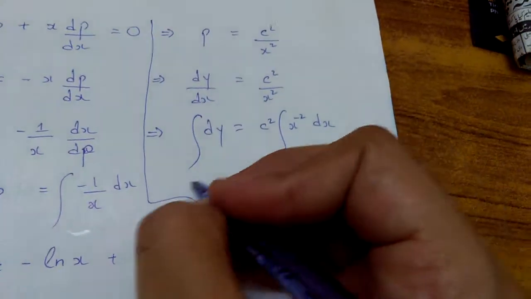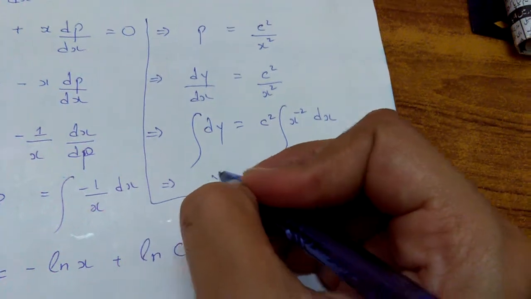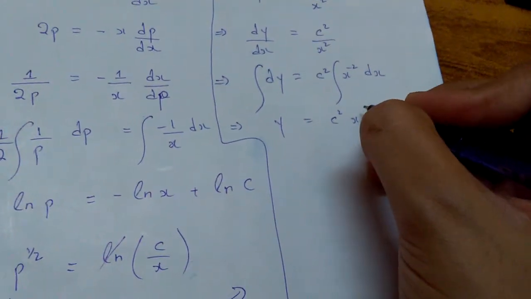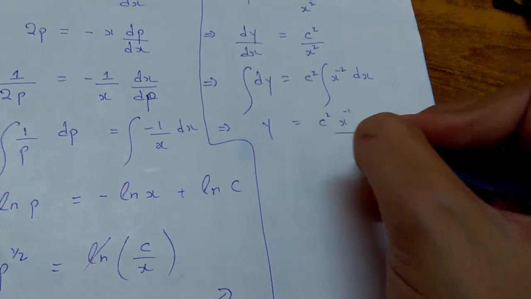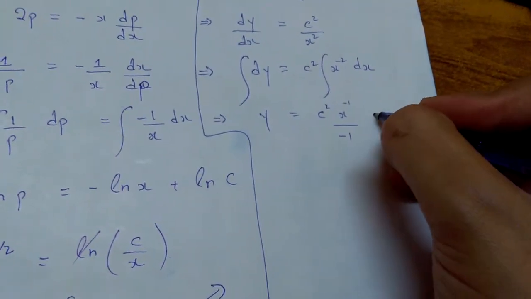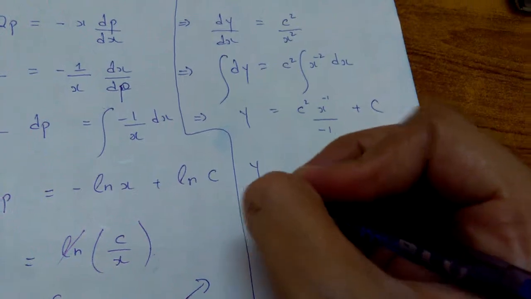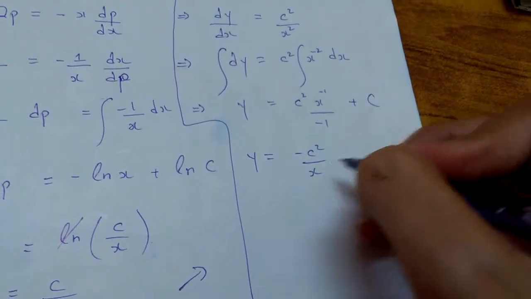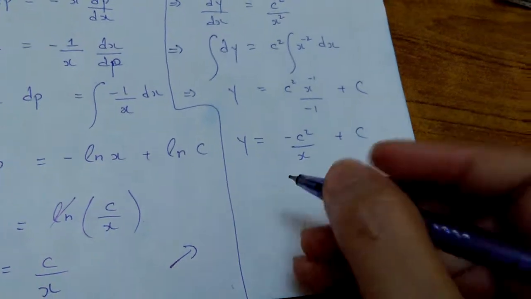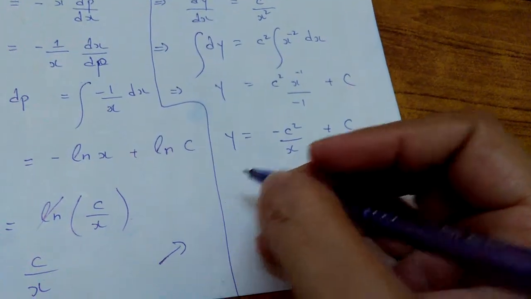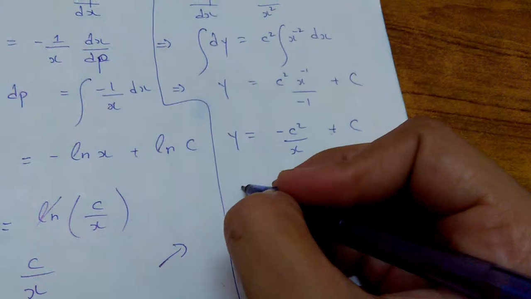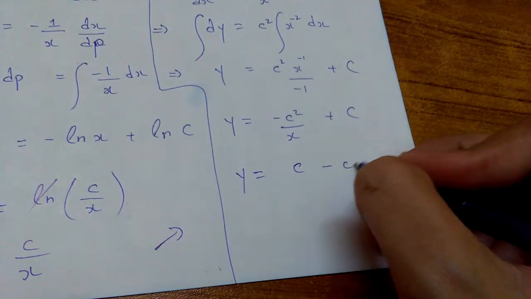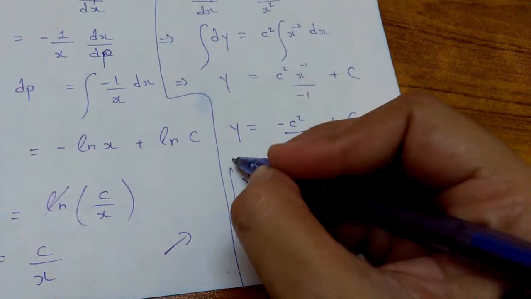Okay, it becomes y plus some constant equals to c square x minus 2 plus 1 gives you minus 1, minus 2 plus 1 gives you minus 1, plus some constant. So y is equals to minus c square upon x plus some c. Yeah, so that's it. So this is your another f of x. See some constant here. Alright, so that's it.